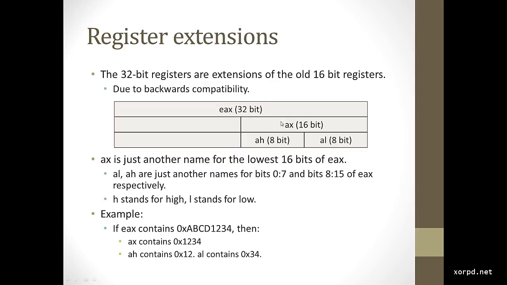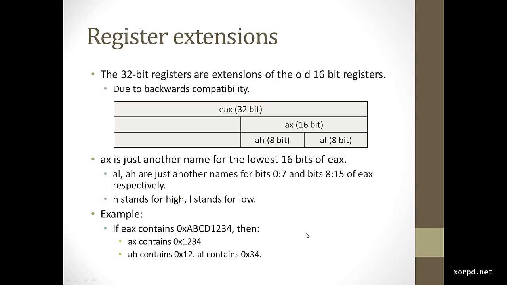In the same way, AX is split into 2 parts, AH and AL. H stands for high and L stands for low. So AL is just another name for the lowest 8 bits, and AH is just another name for the next 8 bits.